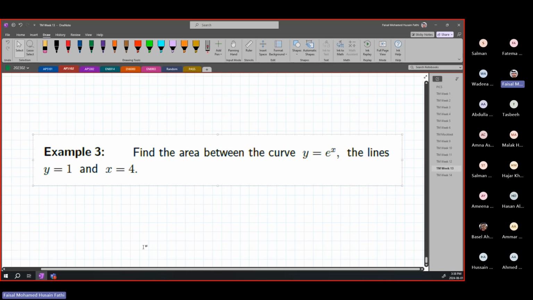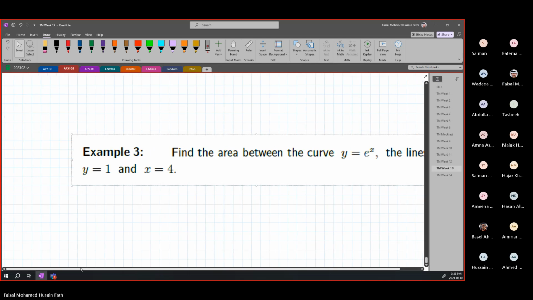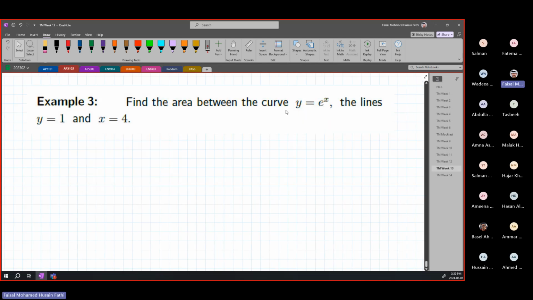It says find the area between the curve e to x, the lines y equal 1 and x equal 4. All right. So let's say we don't want to plot it. And let's say this isn't y equal 1. Let's say this is y equals 3x. I don't think you're going to get 3x, but just in case. So this is the only question given.